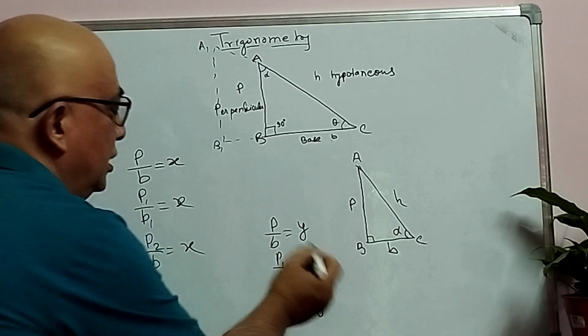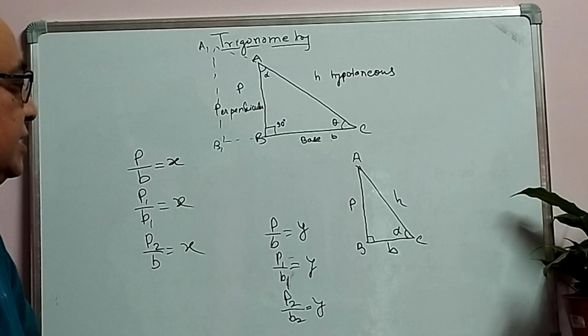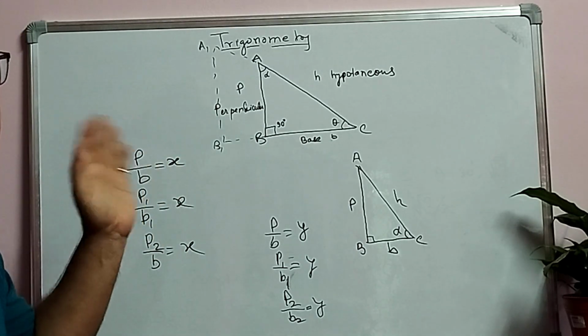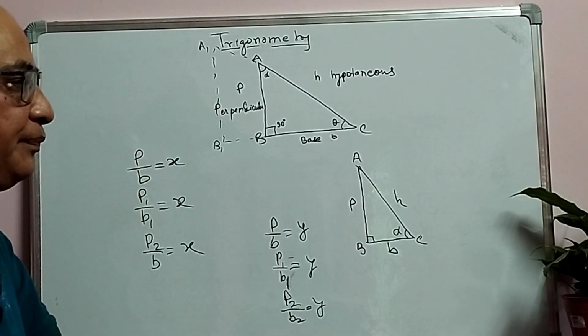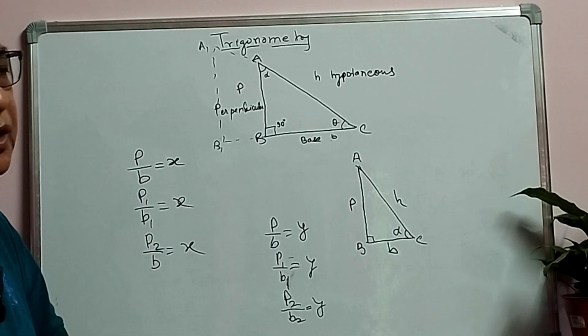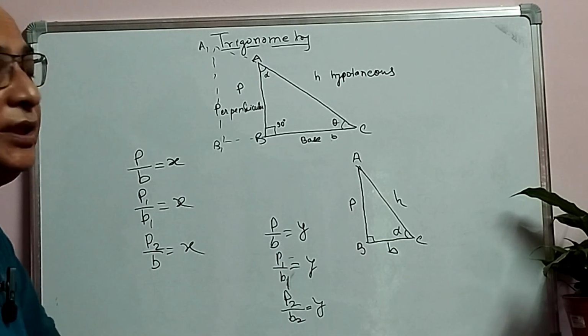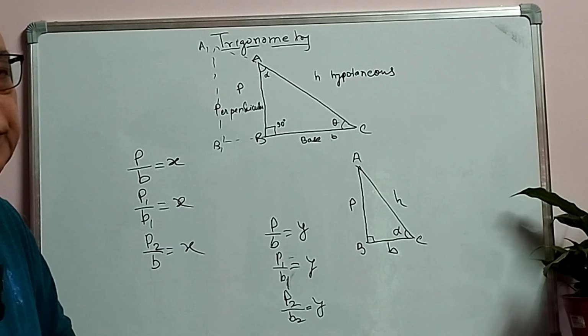So what we understand from this is that any ratio of any two sides of a right angle triangle for a given angle of reference is always the same. The ratio of one side to the other. So this is the basic thing about trigonometry.